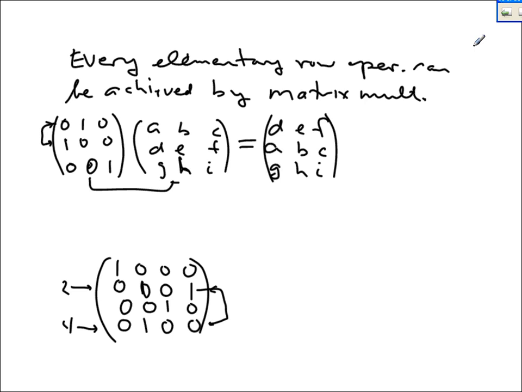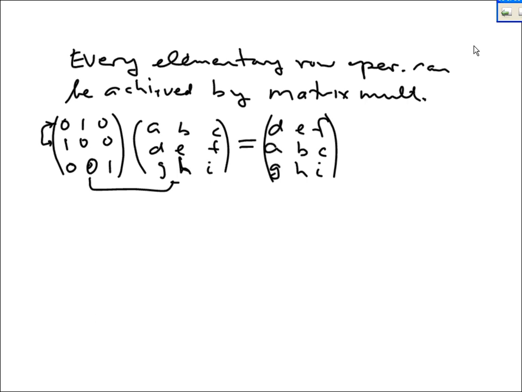If you put that on the left of matrix A, you will interchange the second and fourth row of matrix A. It's pretty neat. Convince yourself that this works. My showing you is not going to convince you. You need to suffer through it yourself.